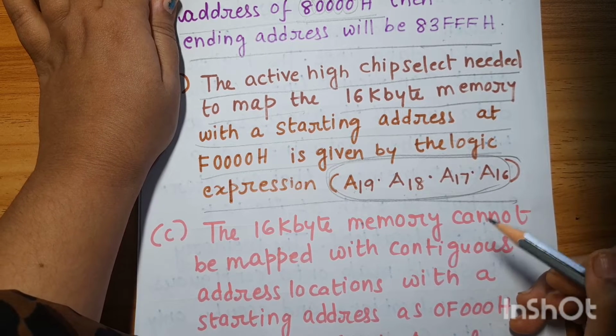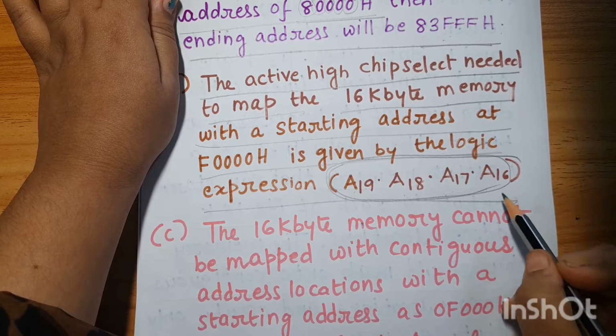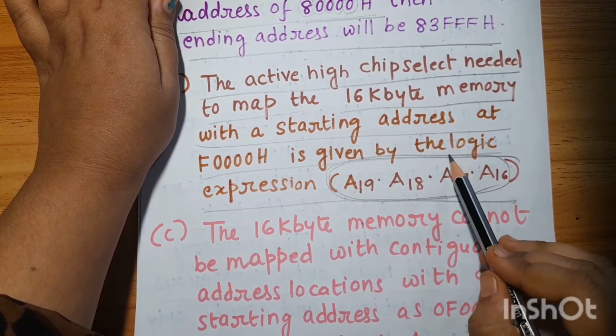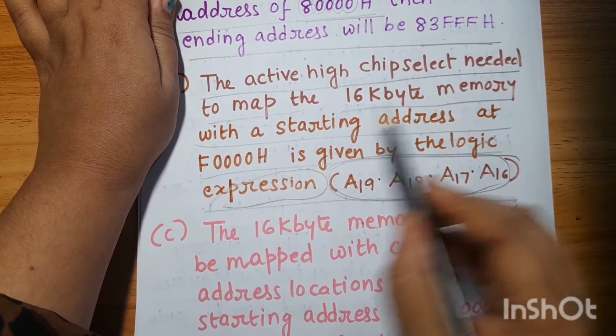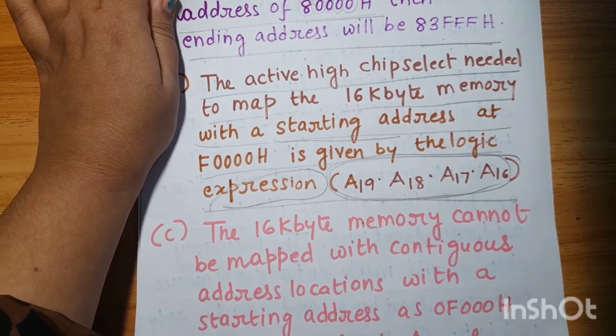In order to chip select the memory storage, we need 4 bits A16 to A19. They're all ANDed together. This is the logic expression, and the memory starting address is F followed by 4 zeros H.